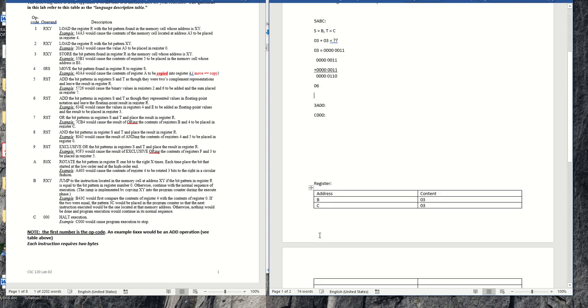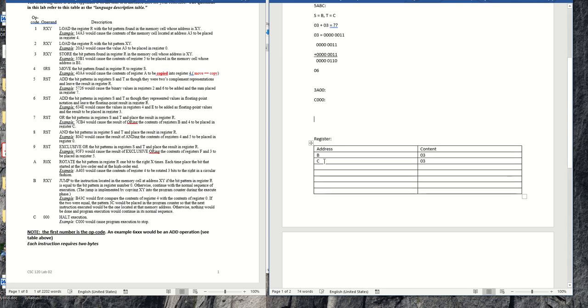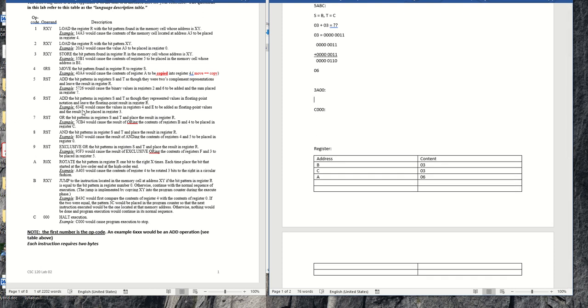So down here we need another address. I'm running out of room. Well, it doesn't matter that they're not in order. Address A now has the content of 06. Okay, so let's continue.